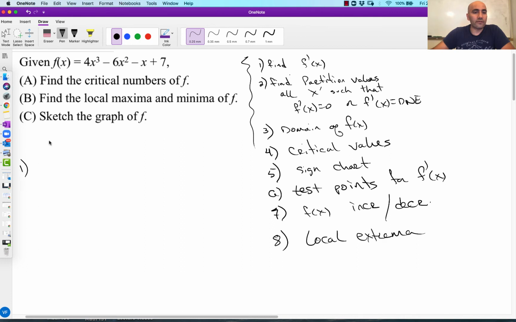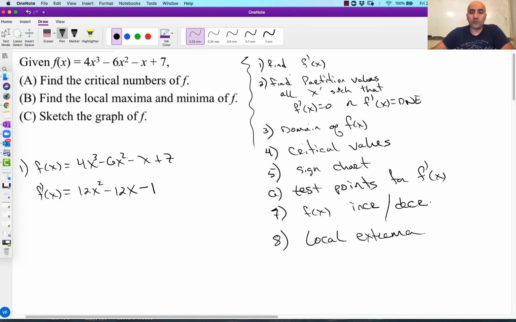Let's find the derivative. Luckily, that's going to be pretty easy here. f of x equals 4x cubed minus 6x squared minus x plus 7. So that means f prime of x is going to be equal to 12x squared minus 12x to the first power minus 1. Good. Okay, so now find all the partition values.